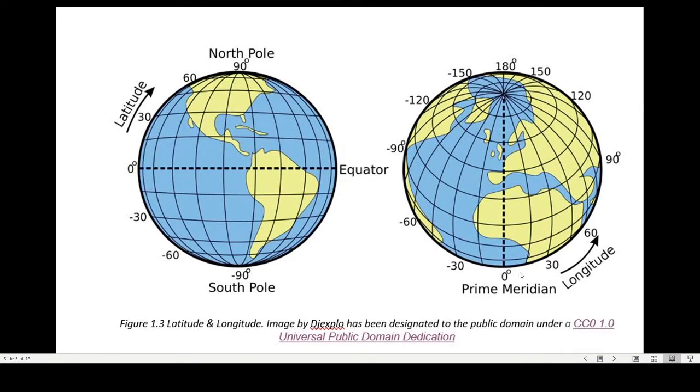And this is a picture of the longitude. As I was explaining earlier, the prime meridian is at 0 degrees, and right on the opposite side of it is 180 degrees, and that's the maximum value from the western perspective and the eastern perspective.